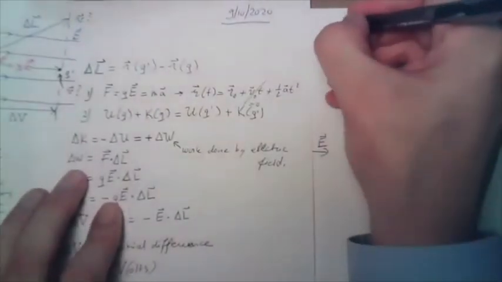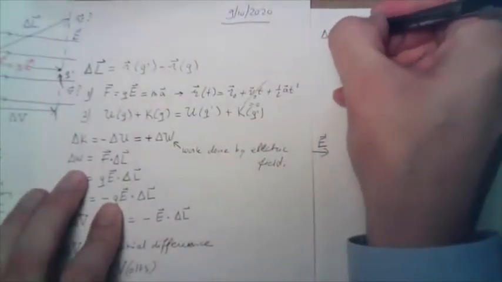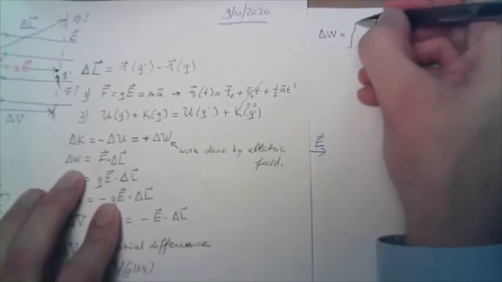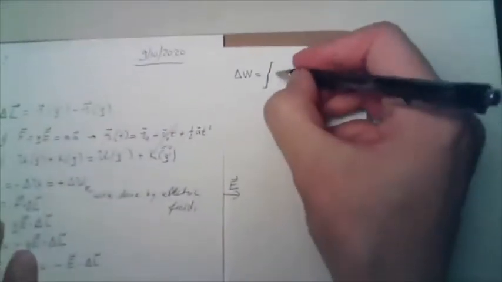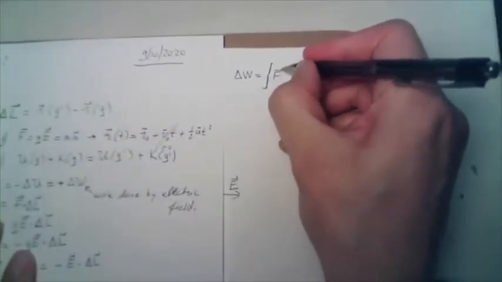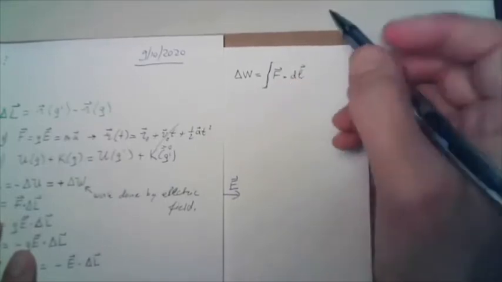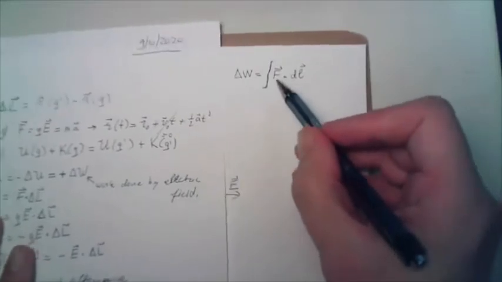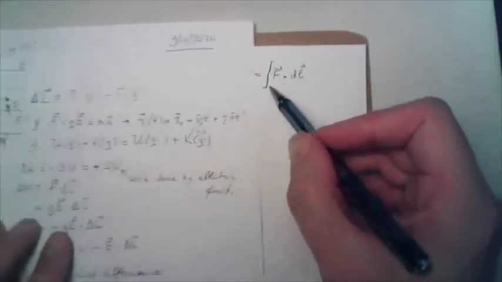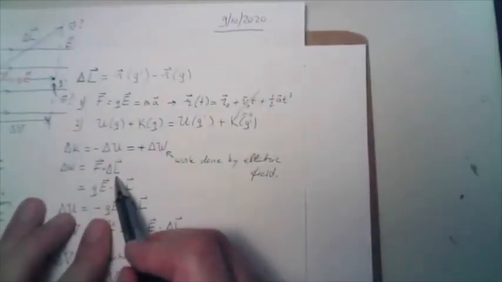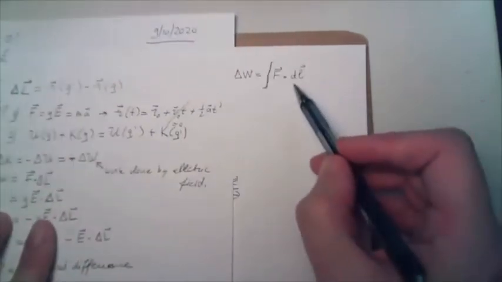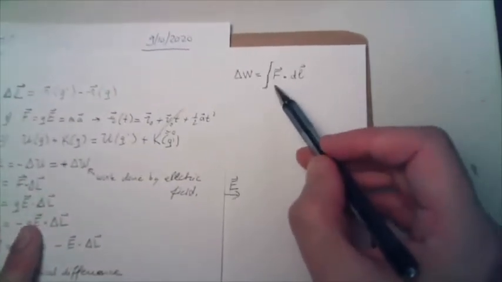So our delta work is the integral. Oops, my hand slid off the paper and made it blurry. And now F·dl. If F is constant, then this is just F times dl. But if it's not constant, then you have to execute this integral.